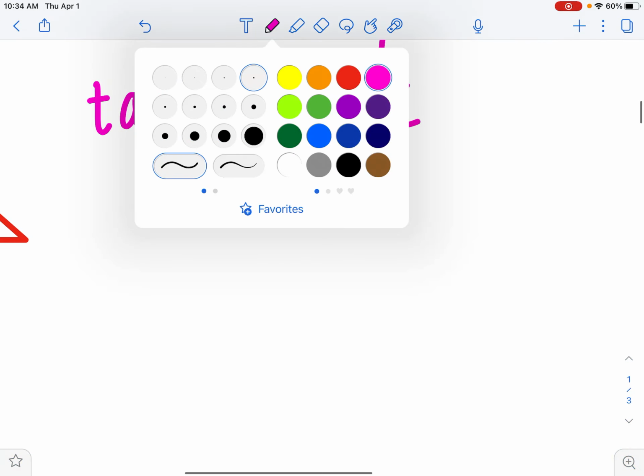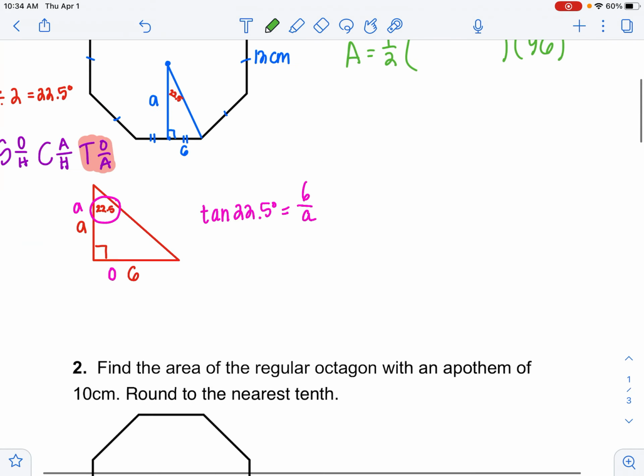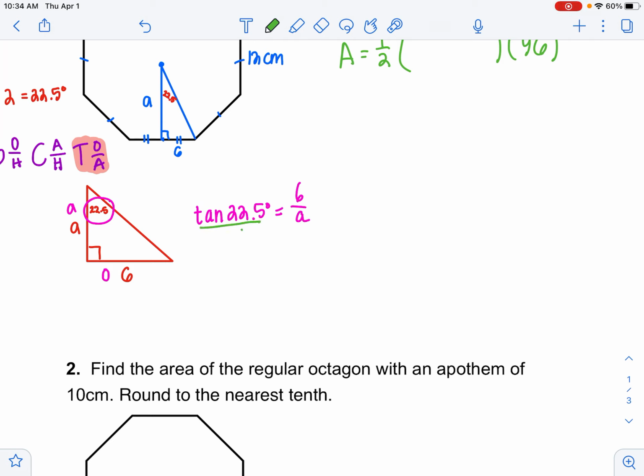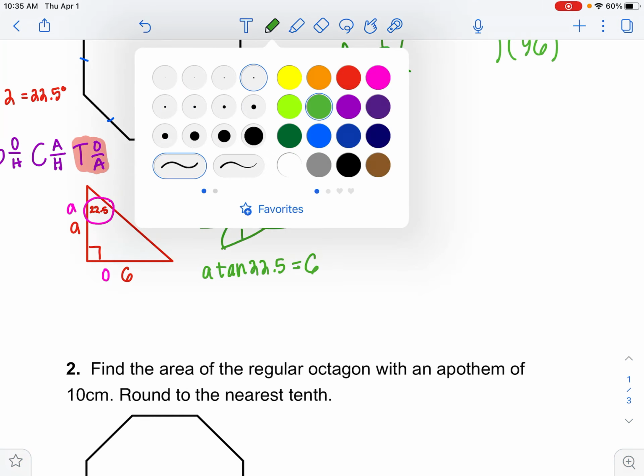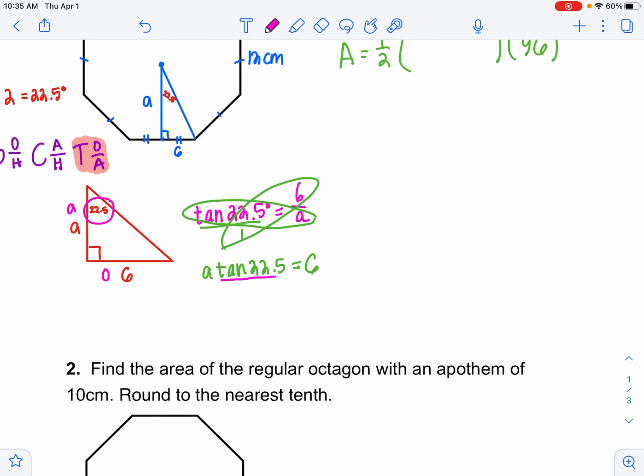Now I need to solve for A. So I'm going to cross multiply. I'm going to put this over 1. A times tangent of 22.5 is equal to 1 times 6, which is 6. And then I have to get A by itself. So I'm going to divide both sides by tangent of 22.5.